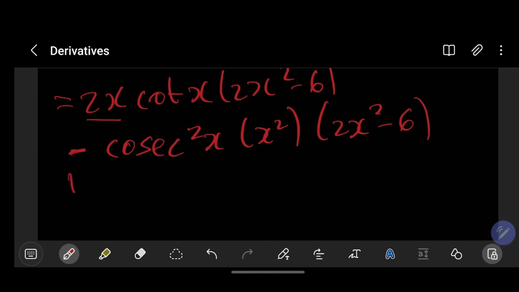And lastly, we take h prime, which is 4x, times cot of x times x squared, which is your f and g. So this is your answer. You can definitely simplify where we can, but I'm going to leave it there for now, and I'm going to move over to the next section where we would look at the next rule, which is the quotient rule.